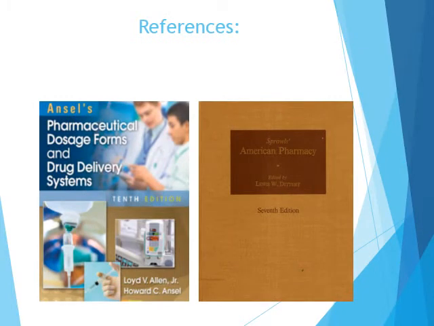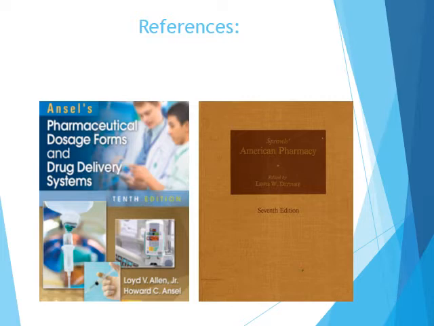For the different topics covered in this semester, I will depend on these two references. The first one is Ansel's Pharmaceutical Dosage Forms and Drug Delivery Systems by Loyd Allen and Howard Ansel.